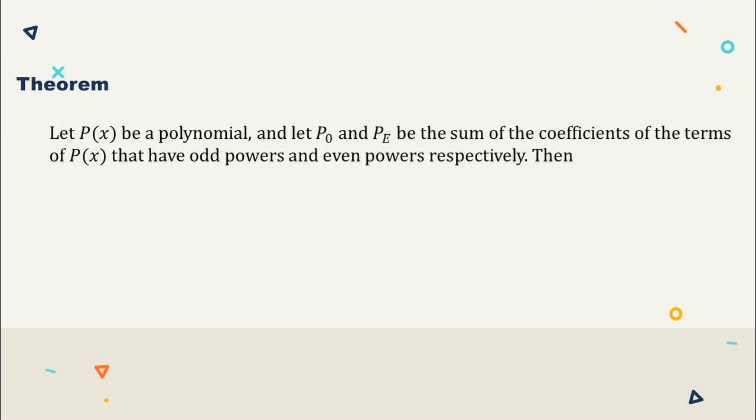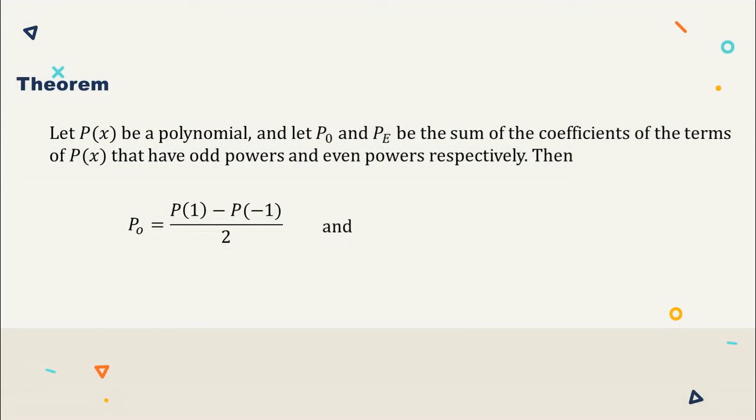Now we have a theorem. Let P(x) be a polynomial and let P_o and P_e be the sums of the coefficients of the terms of P(x) that have odd powers and even powers respectively. Then we have P_o, where o represents odd, equal to P(1) minus P(minus 1) over 2.